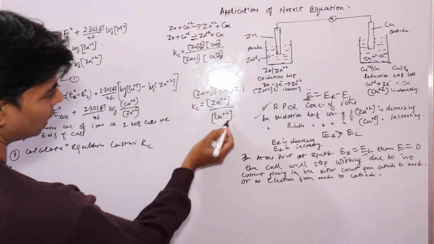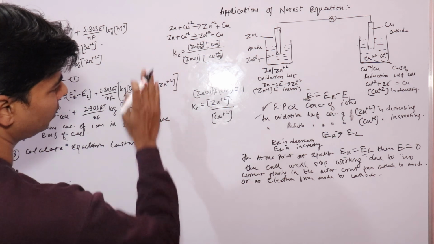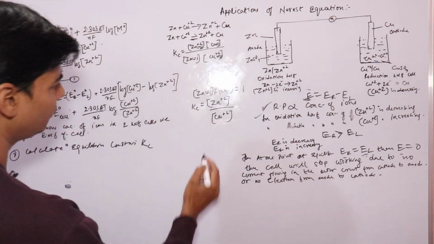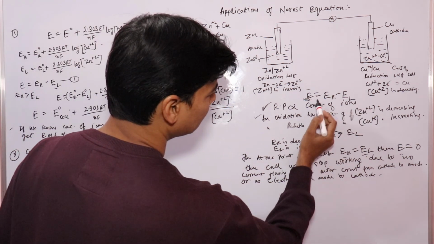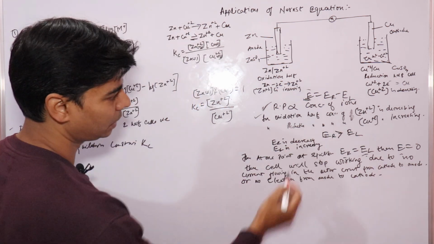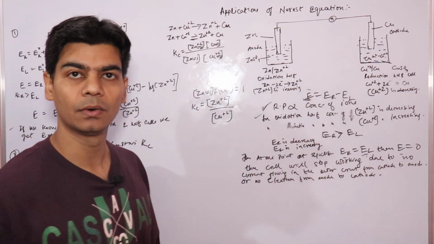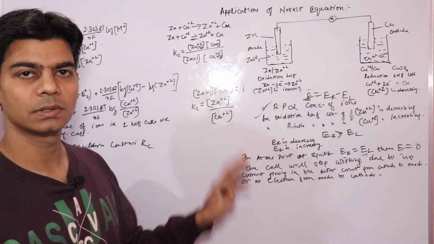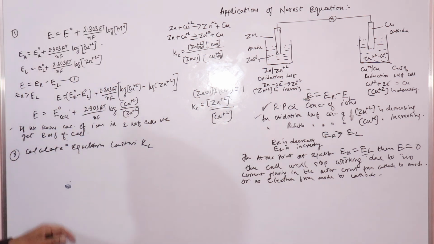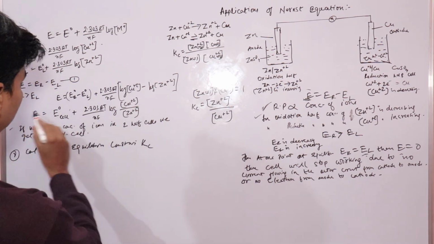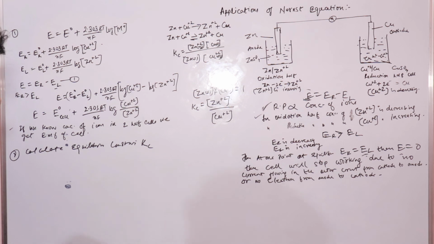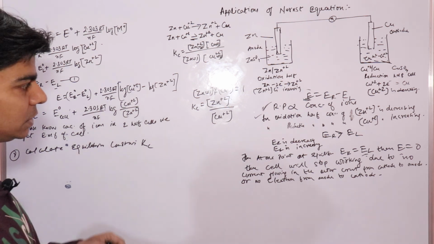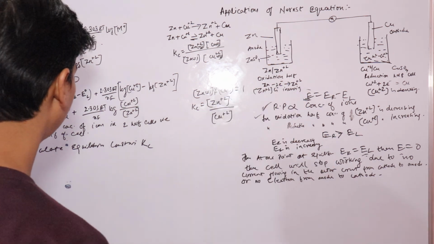right? And we know that the equilibrium constant for this equilibrium reaction is this. If I put the value of E at equilibrium, so now we know at equilibrium E is 0 and the equilibrium constant Kc is zinc ion concentration upon copper ion concentration, right? So I'll put the value of these in this equation, because we are dealing with EMF of the cell and the equilibrium constant.